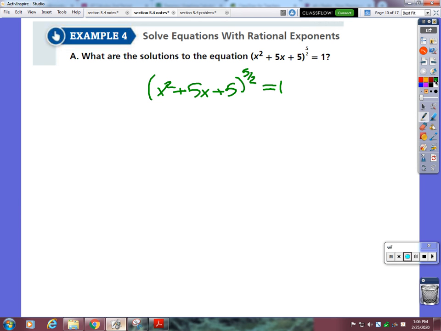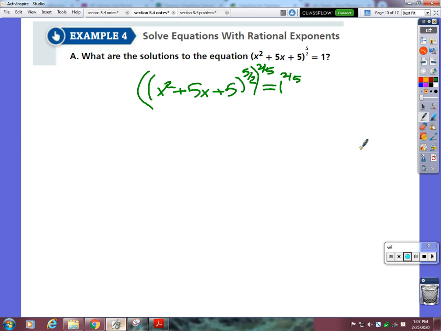So what power can I raise both sides to get rid of the exponent? 2 over 5. Good, because when you raise a power to a power, you multiply them together. So if I multiply 5/2 times 2/5, everything cancels, and then that's gone.